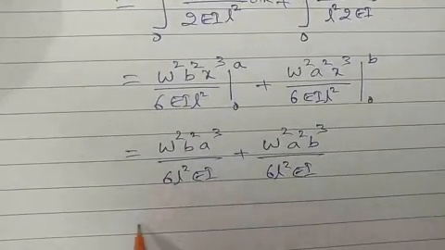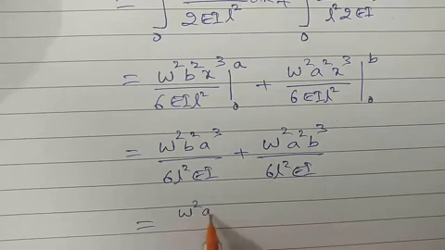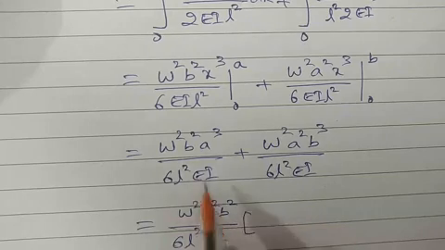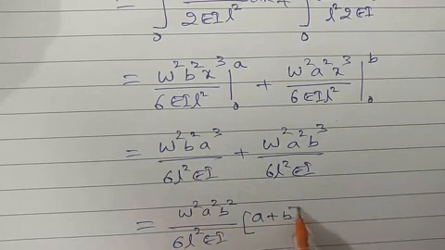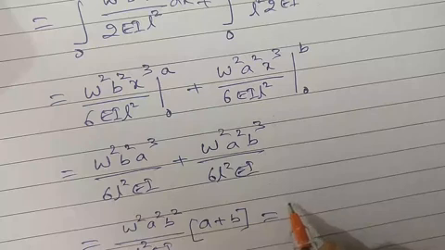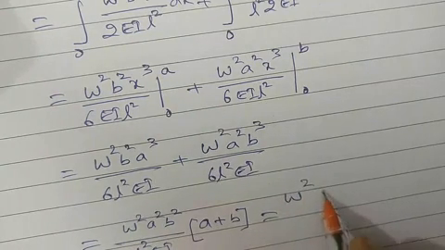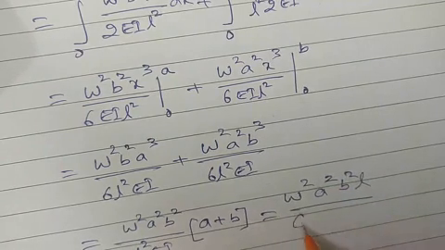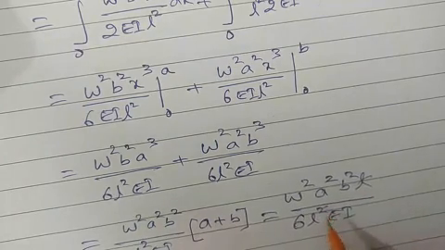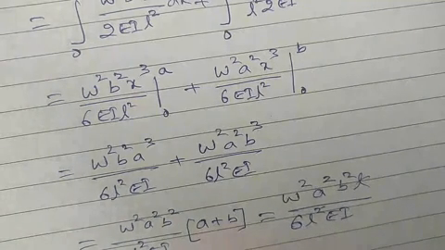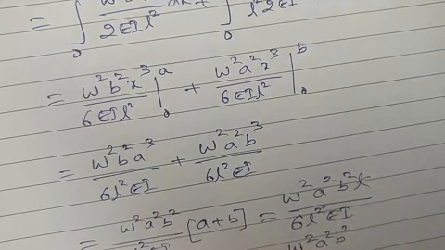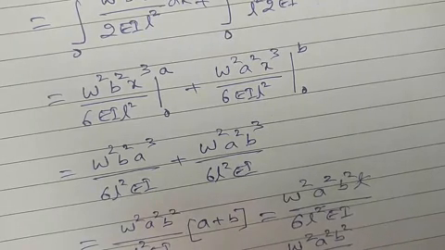So now when you take common, W square A square B square by 6L square EI, A plus B, which is L. So we will have the value W square A square B square by 6L EI.